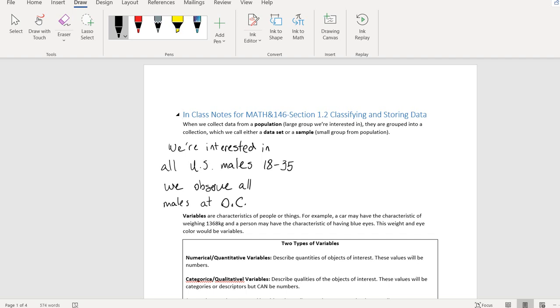Okay, so we're interested in this really big group, which would be all U.S. males between 18 to 35.